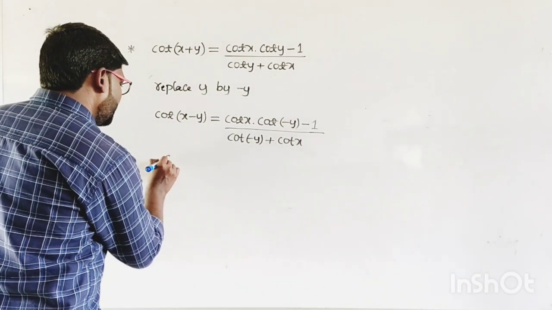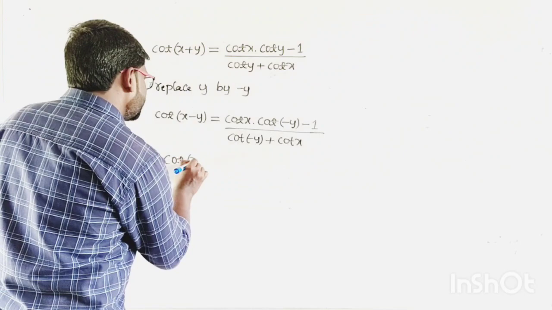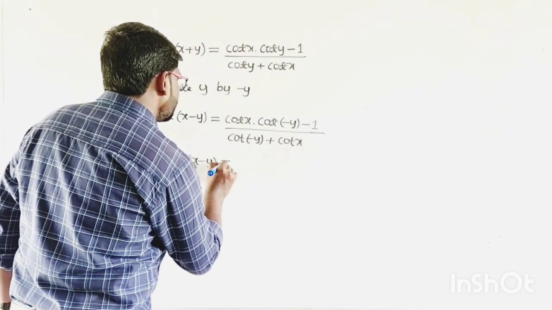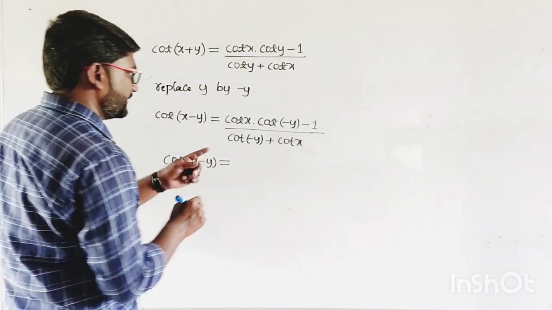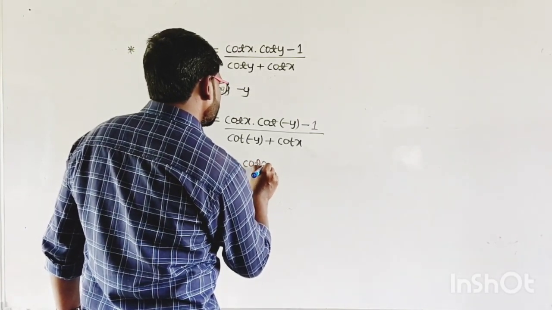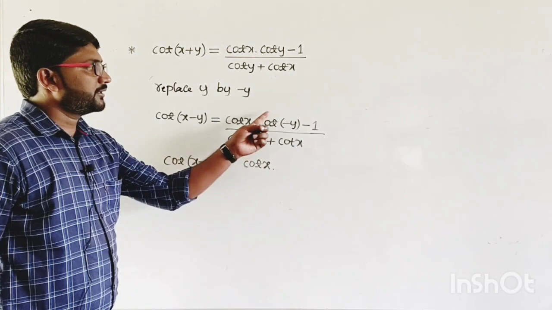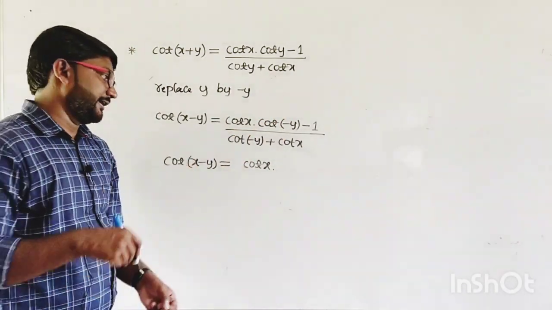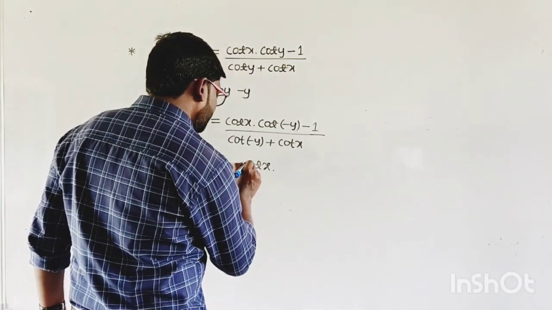So now cot of x minus y is equal to cot x, and cot of minus y will be minus cot y. So I write the minus in the beginning.